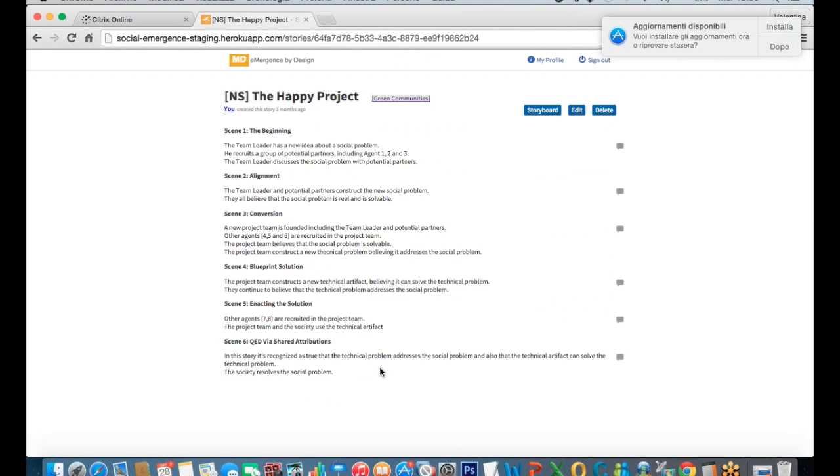So as in any project, there was at the beginning this phase. So an idea of how to solve a problem and a group of people to be recruited.